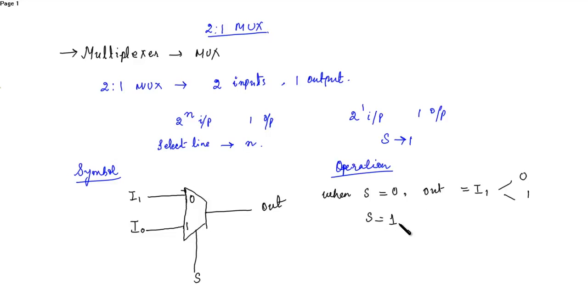When S is equal to 1, then output will be equal to I0. The value of I0 may be again 0 or 1.